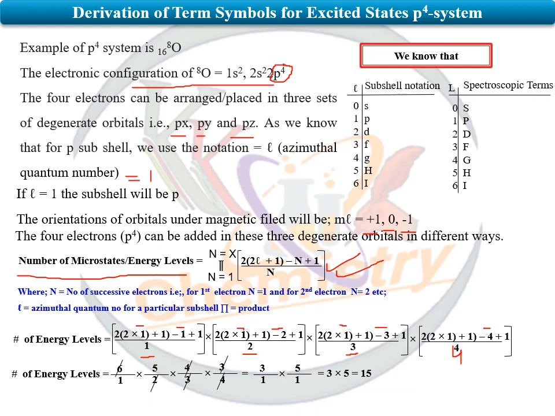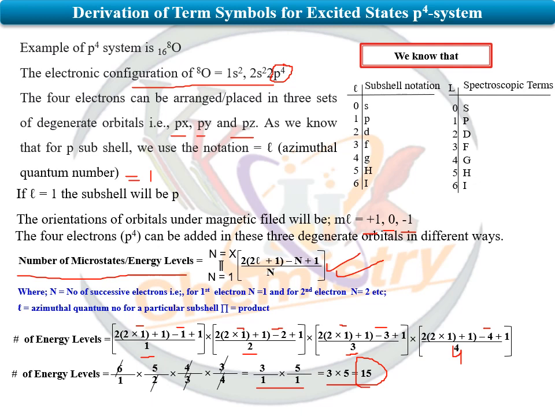Now you can just divide them, multiply them, and the result will be 15.